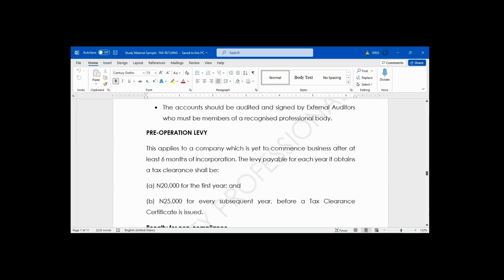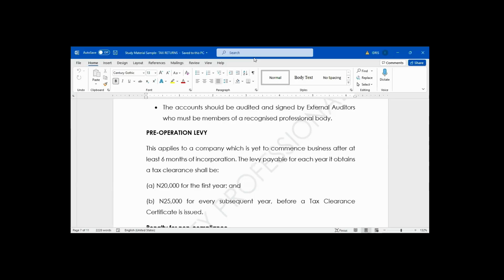Do we understand? Yes, sir. So that is what we have on tax return. Last week, we talked about personal income tax return. This week, we talked about company income tax return, value-added tax return, and petroleum profit tax return.